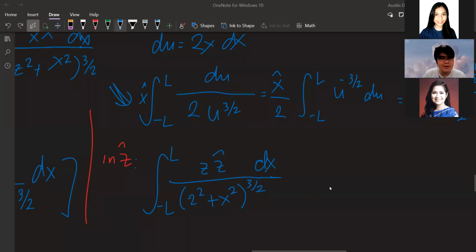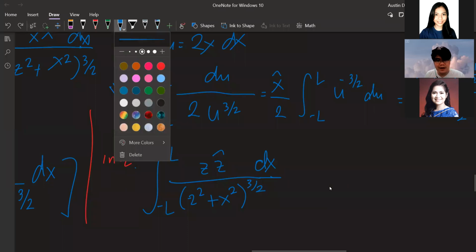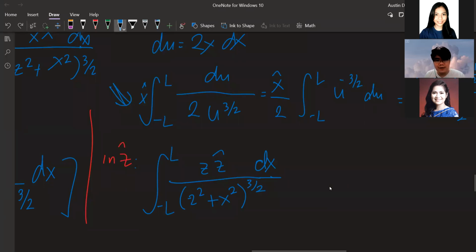So let's try some substitution. Hindi ko na masyadong naaalala to, but let's do a substitution. So let x be equal to a secant theta. No. Let this be z secant theta.